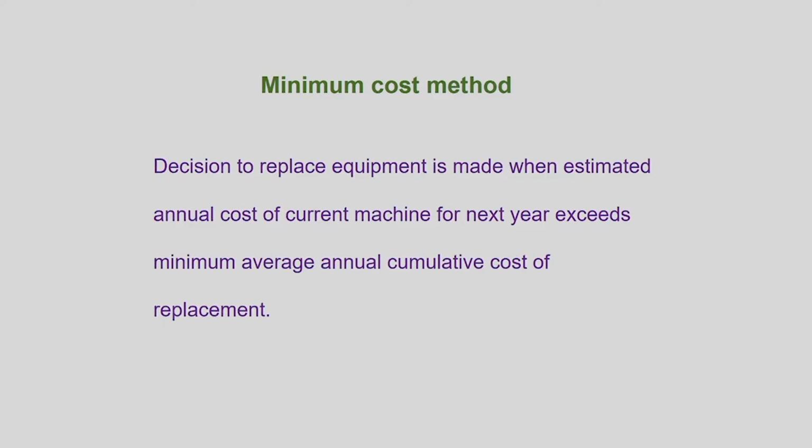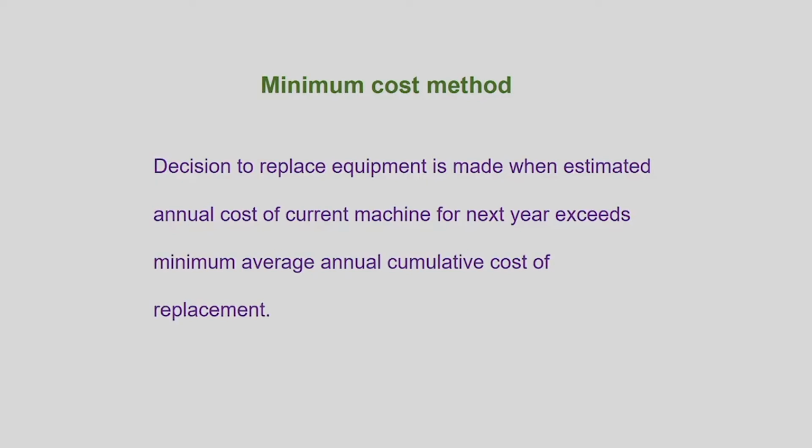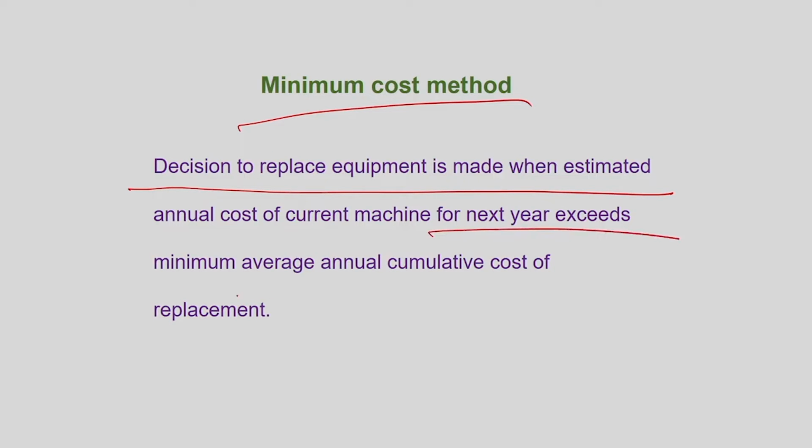Now, let us see when to replace this current loader with the new loader. Okay. So, Dr. James Douglas has given a guideline for this minimum cost approach to decide when to replace the old machine with the new machine. So, the decision to replace the equipment is made when the estimated annual cost of the current machine for the next year exceeds the minimum average annual cumulative cost of the proposed machine.